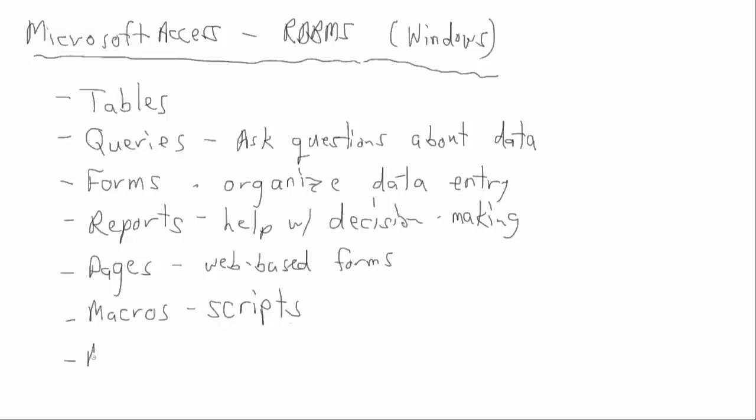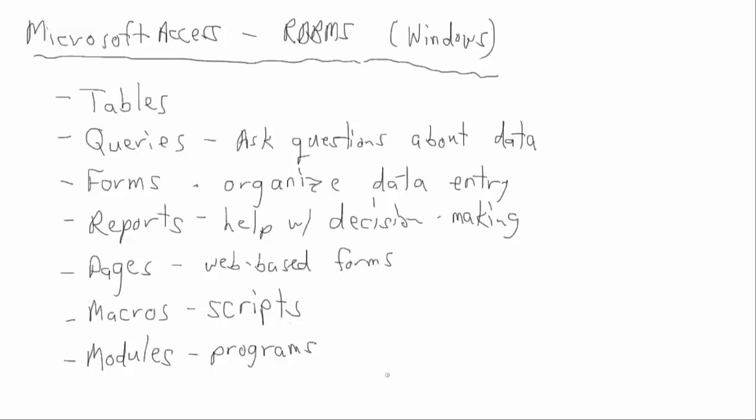And then modules are basically programs that you can write that use VB code to perform more in-depth activities in the database. So you can enhance Access to make it do more.